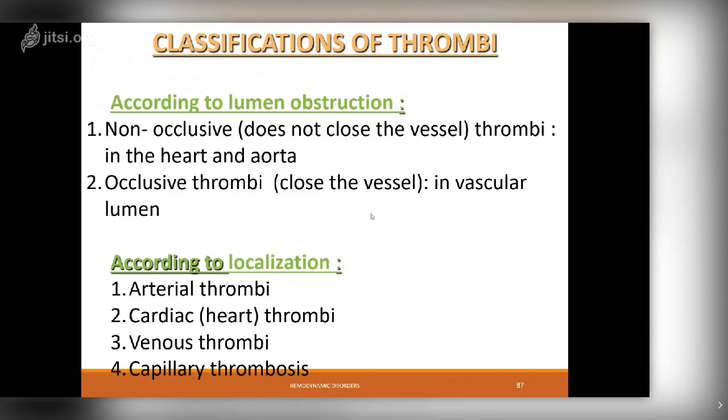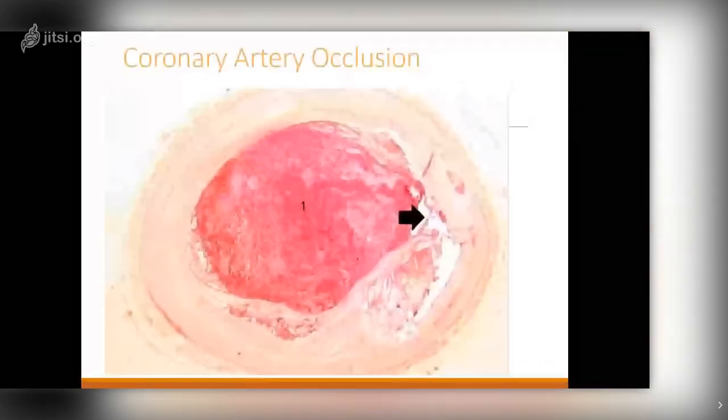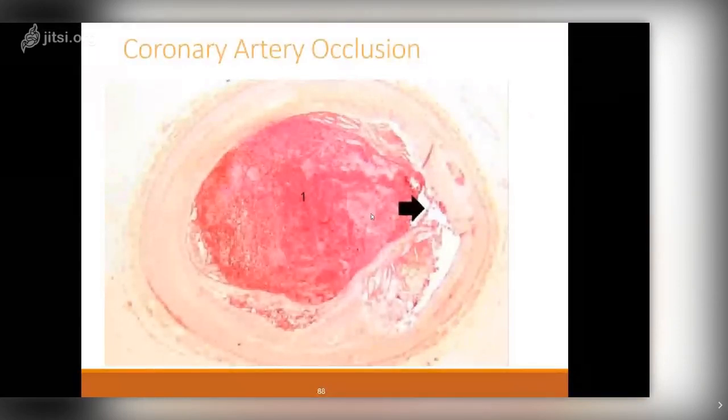In case of occlusive thrombi, we will talk about ischemia, and in this case, the affected part will have absolute decrease of blood flow. According to localization in the cardiovascular system, thrombi may be arterial, cardiac, venous, or capillary, and all of them will have different effects.